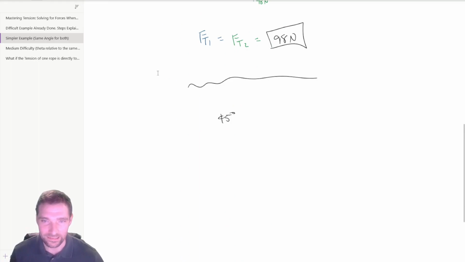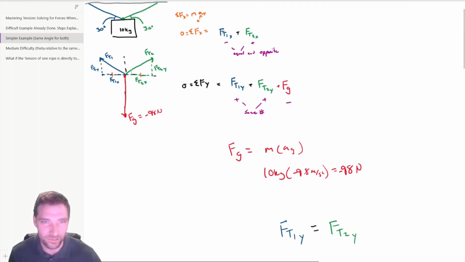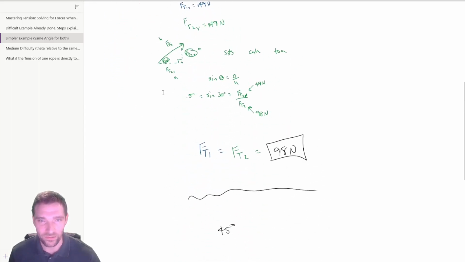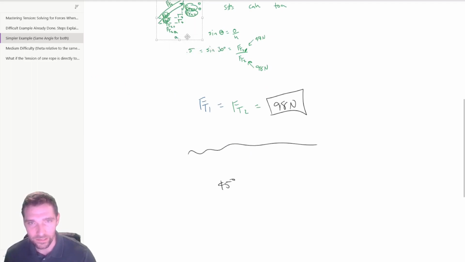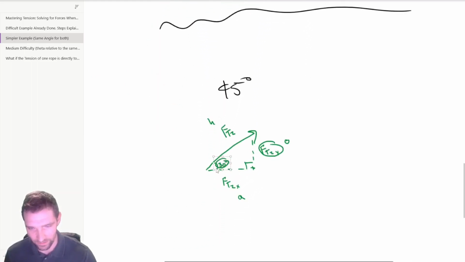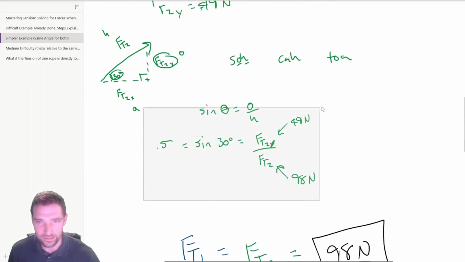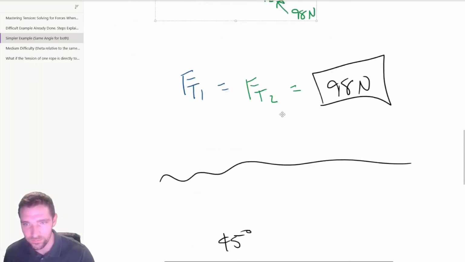So it's a slightly different triangle. Instead of 30 and 30, these are going upward a little bit more. So the triangles are similar, but slightly different. You can imagine that the steps are all very similar, but the exact numbers that we're going to get are going to be slightly different here. So if we've got the 45 degrees there, then it's the same sort of trig function.